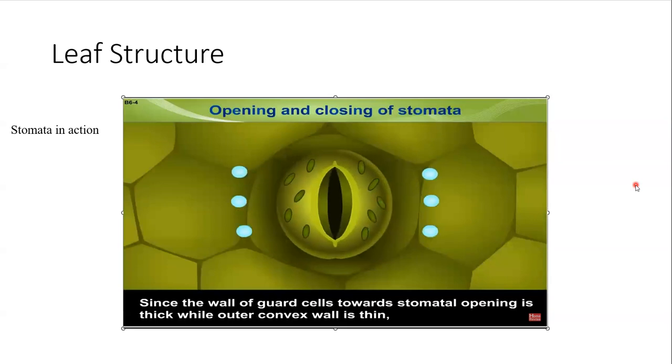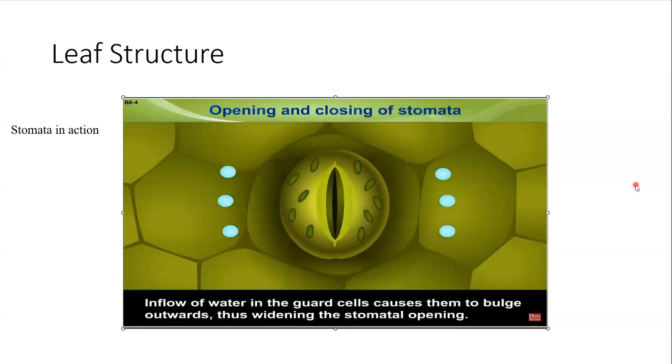Since the wall of the guard cells towards the stomatal opening is thick, while the outer convex wall is thin, the inflow of water in the guard cells causes them to bulge outwards, thus widening the stomatal opening.